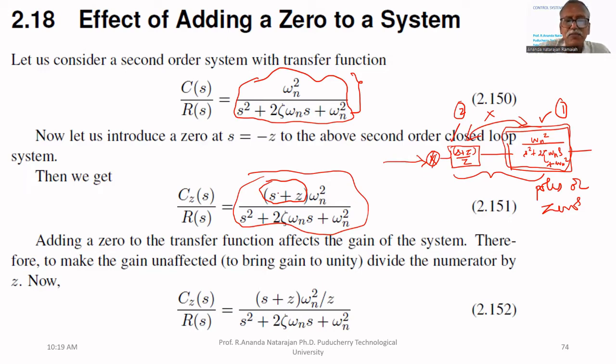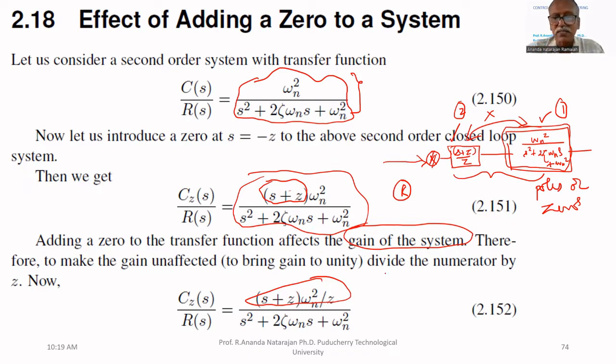That's why S plus Z upon Z is added here. To avoid change in the static gain K of the system, we divide by Z. If you put it like that, there won't be any change in gain.